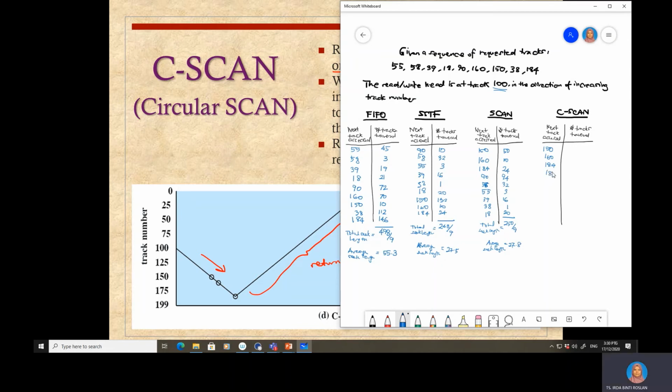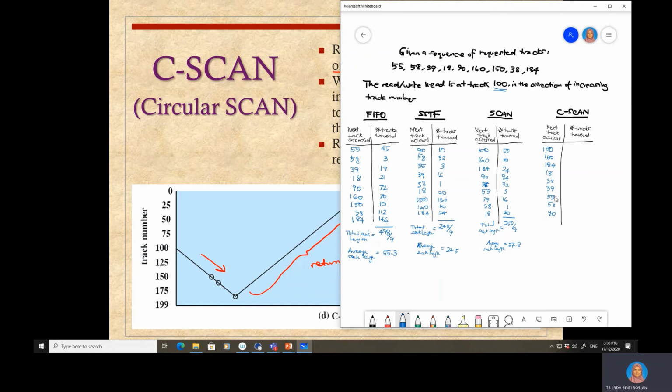So 18 increases to 38, then 39, 55, 58, and finally 90. 1, 2, 3, 4, 5, 6, 7, 8, 9. Yeah, so this should be it.